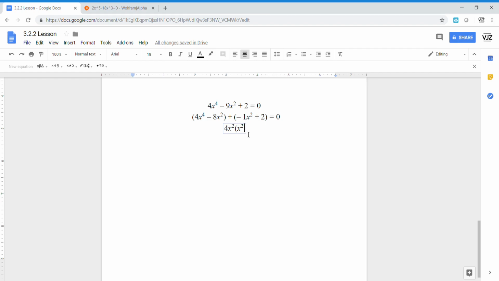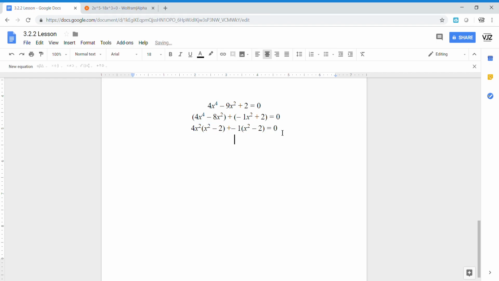And on the right hand side we'll have -2, and then plus, I think it's just -1. x squared minus 2. Wait. Check to make sure I didn't do this wrong. So we take -1 out. This becomes x squared. -1 times -1 equals +1. So we did this right.